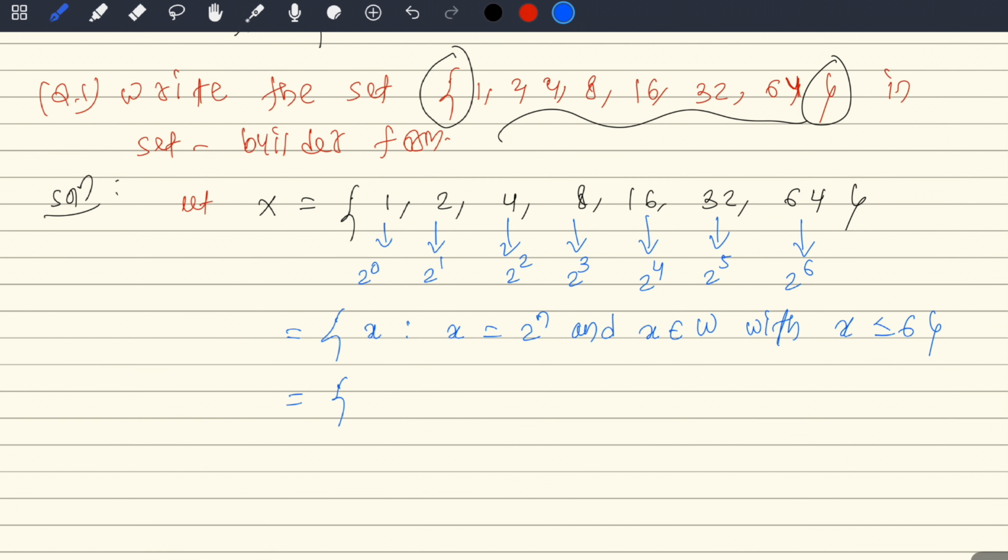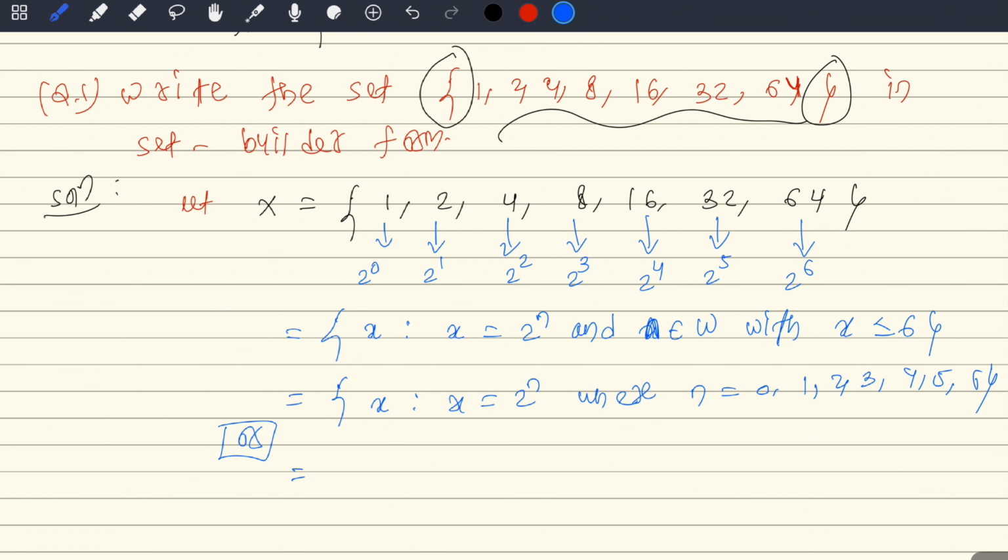Or another way you can write x such that x is equal to 2 to the power n, where n is equal to 0 1 2 3 4 5 6.